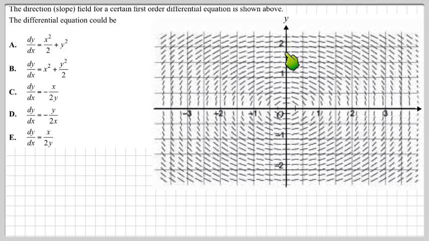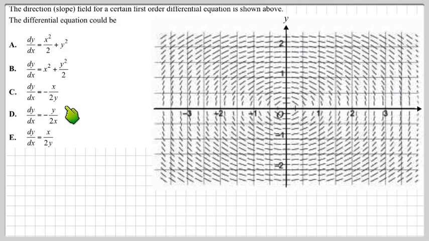That would indicate to me there's an x in the numerator. When x is 0, dy dx is 0, irrespective of what y is doing. And when y is 0, dy dx is vertical. That indicates to me there's a y on the denominator. So something x over y.